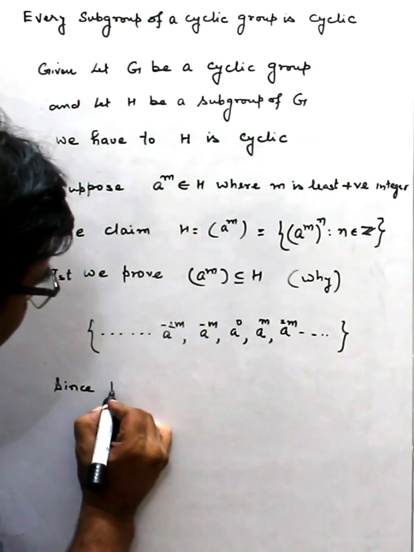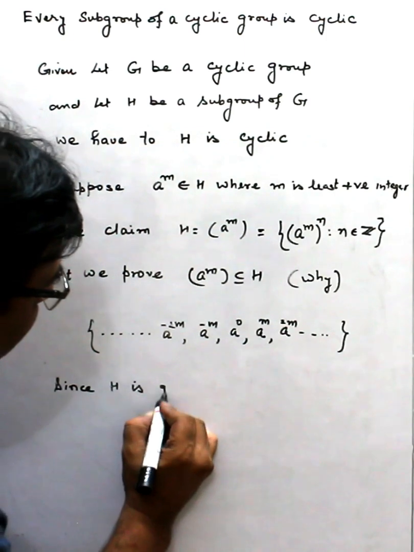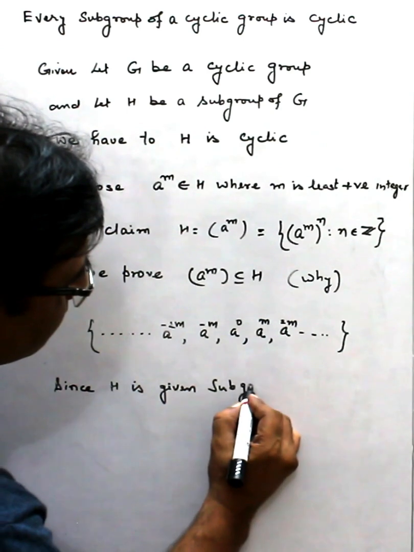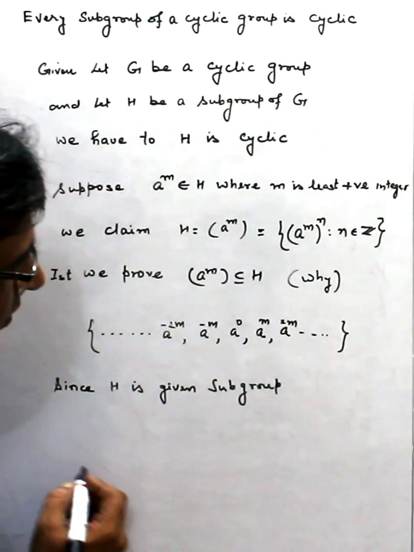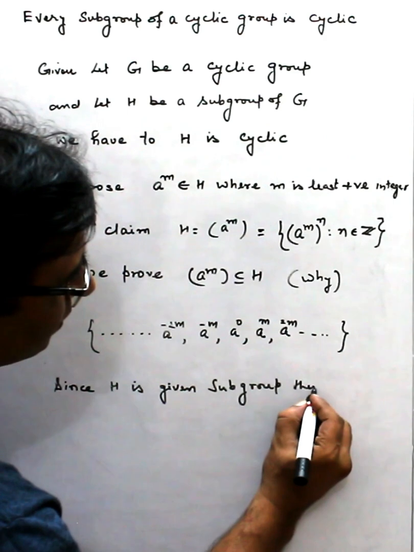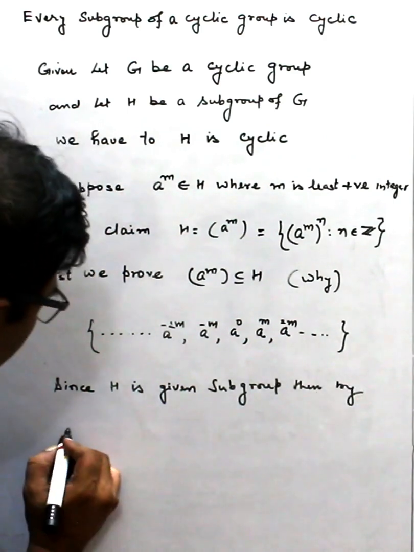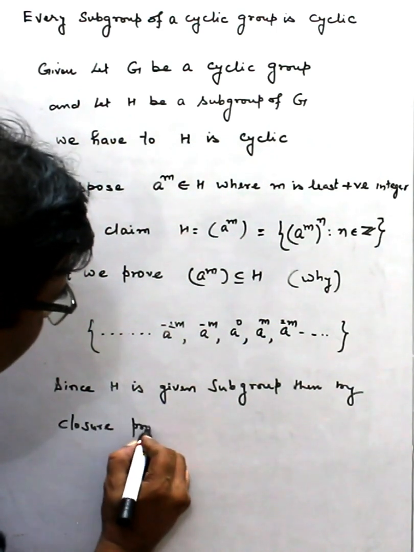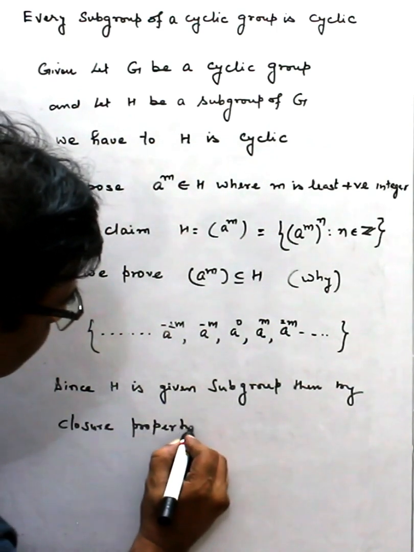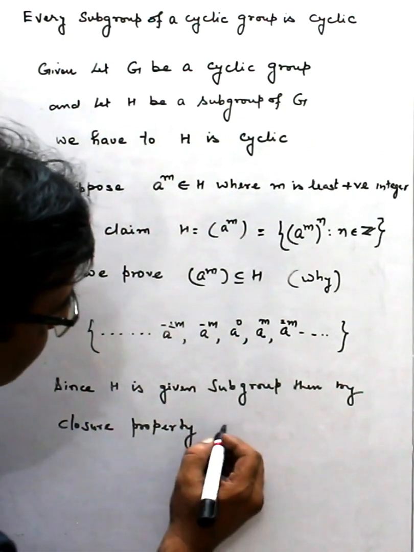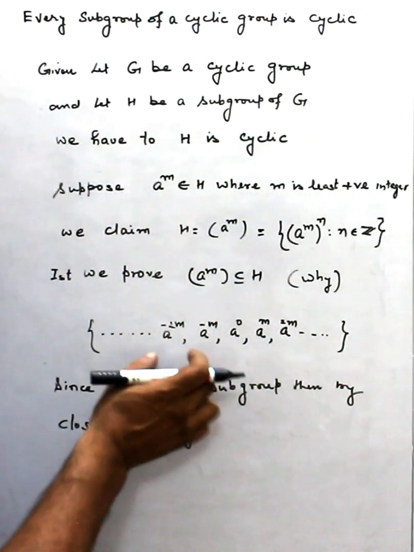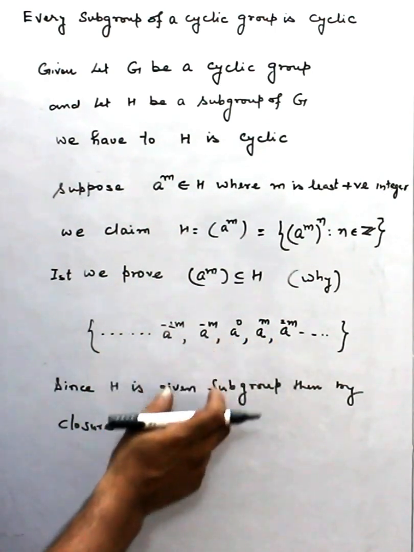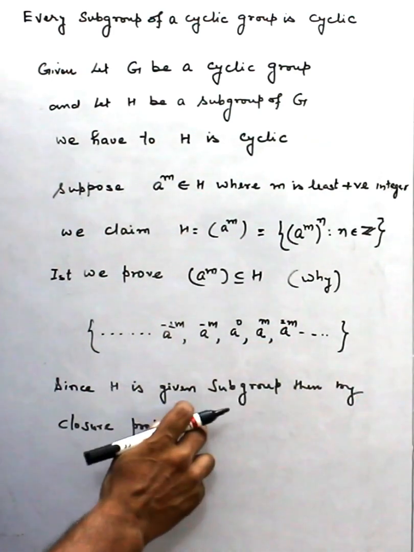since H is a given subgroup, then by the closure property, any element we take and take the product of them, it will be found in H because H is a subgroup.